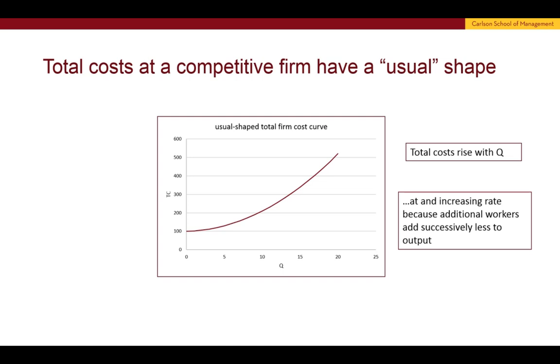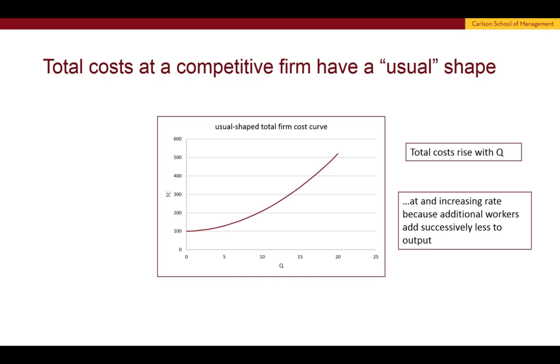Now, the behavioral idea underlying this shape is that costs increase at an increasing rate because additional workers add successively less output. When you add the 10th worker, let's say he or she can produce an additional 5 units of output, whereas when you add the 11th worker, he or she produces fewer than the 10th worker produces.